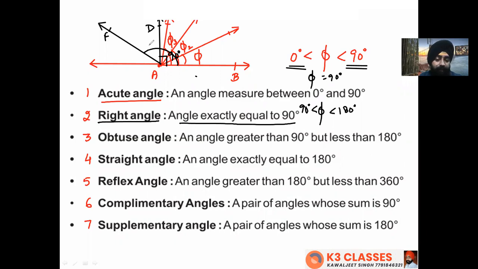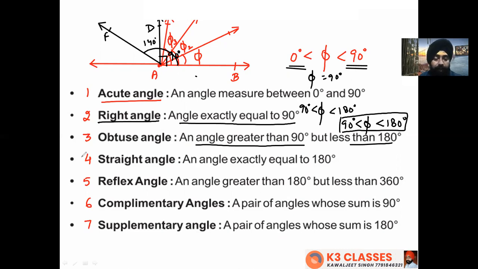Let it be 140 degree, which is greater than 90 but less than 180. Then this angle phi is called an obtuse angle, greater than 90 degree but less than 180 degree.